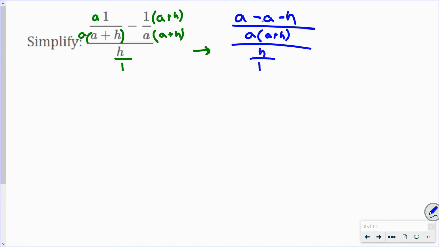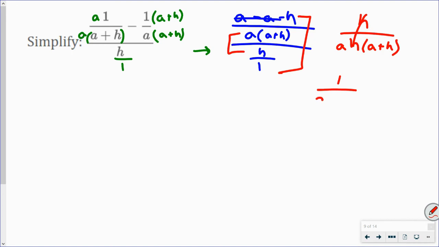So a minus a goes away. We're going to take our outers, which is h times 1, so that's h, over your inners, so a plus h. Your h's here cancel. So you get 1 over a plus h.